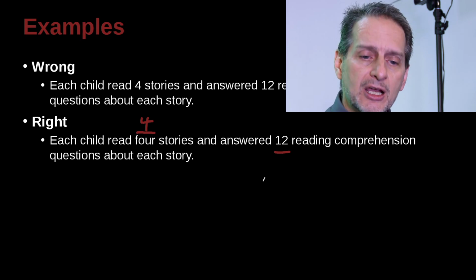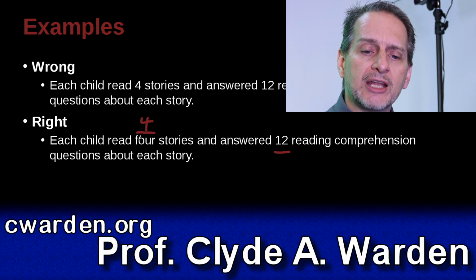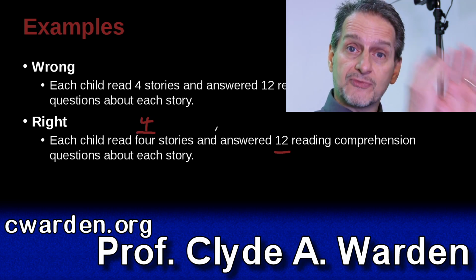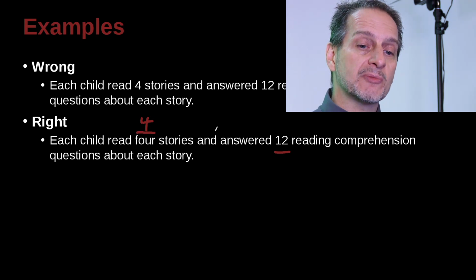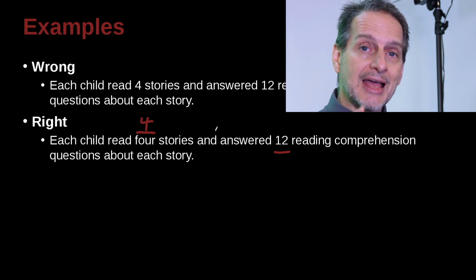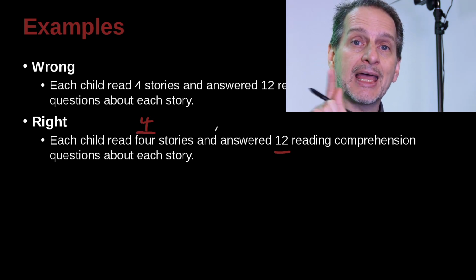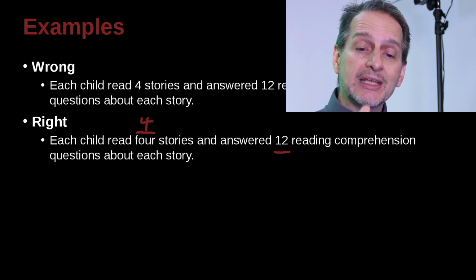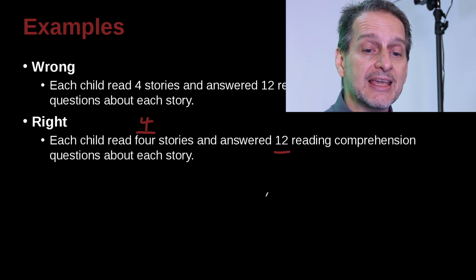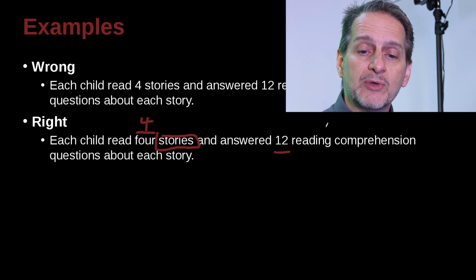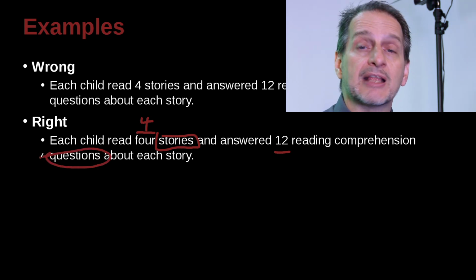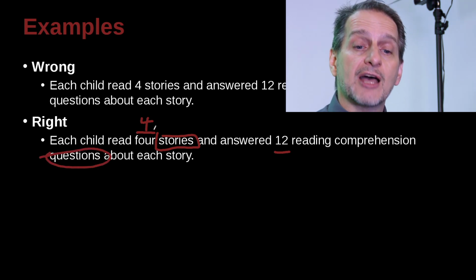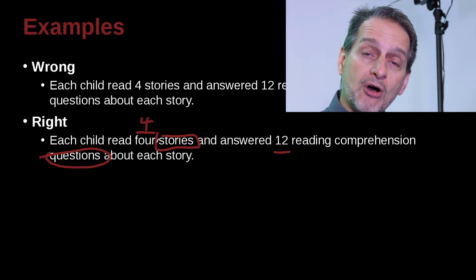In this case, look carefully. Each child read four stories. If we then said, and then they answered questions about 2 stories, in that case, these numbers are related and we're trying to compare them. But in the example we have here, that is not the case. We have four stories, and then we have 12 questions. These are different things not being compared. So we just have four stories, and that's all we're talking about.